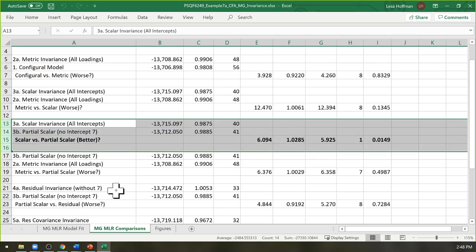So relative to the model where all 9 intercepts are constrained equal between groups, how much better did we make the model by letting one of them be free for item 7? So in what I have highlighted here, I'm comparing full scalar invariance to partial scalar invariance. Are we headed in the right direction by freeing item 7's intercept? And the answer is yes.